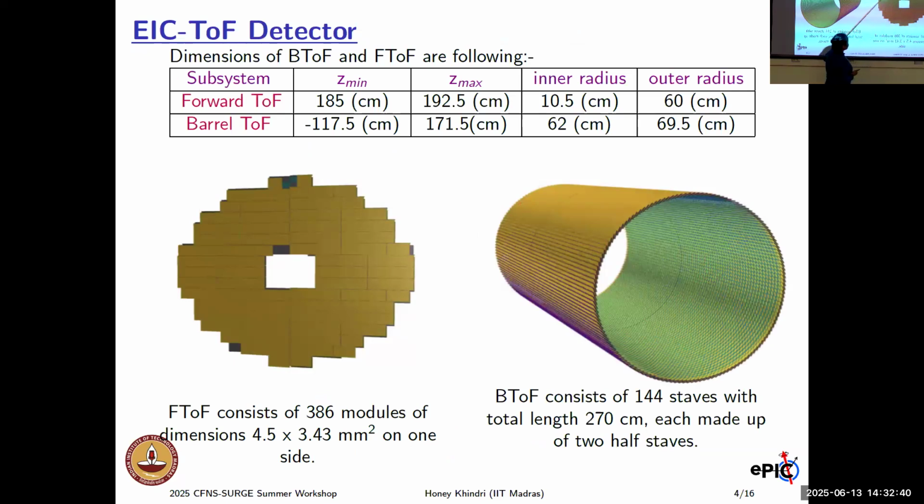This whole part will consist of 386 modules of size about 4 by 4 mm square. I will tell what is in each module. Here I am taking the z direction as parallel to the beam, so you can see that this will be about 7.5 centimeter in thickness.